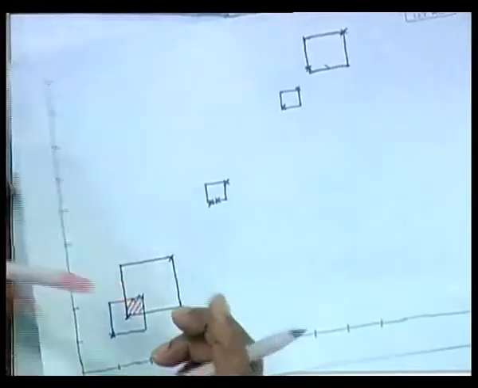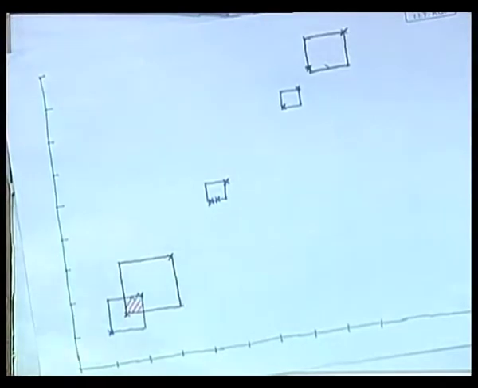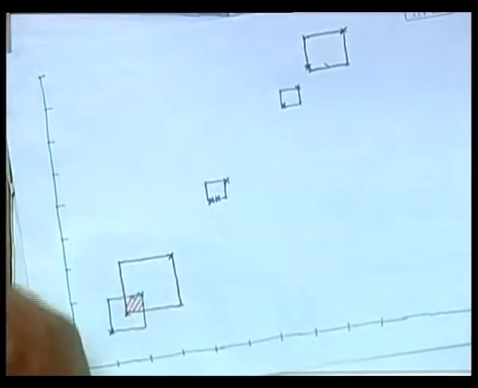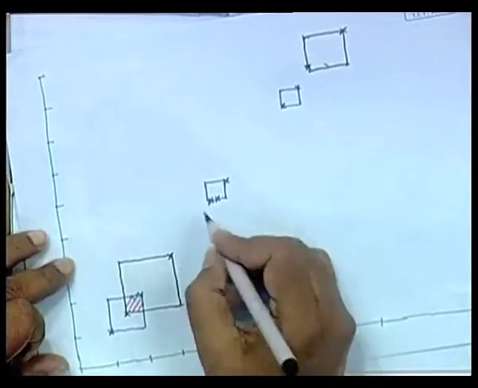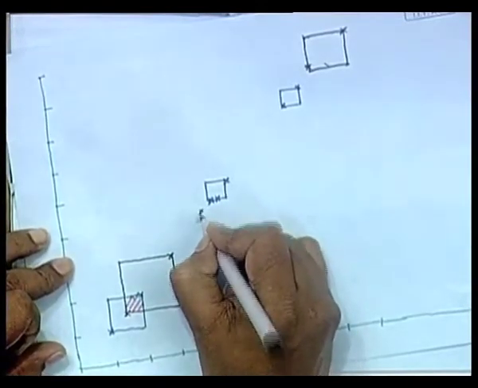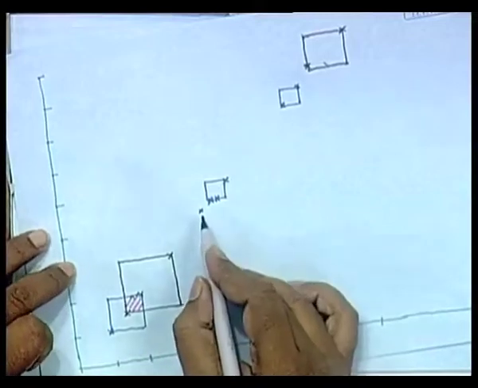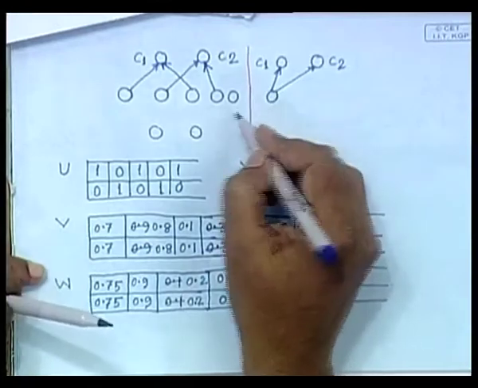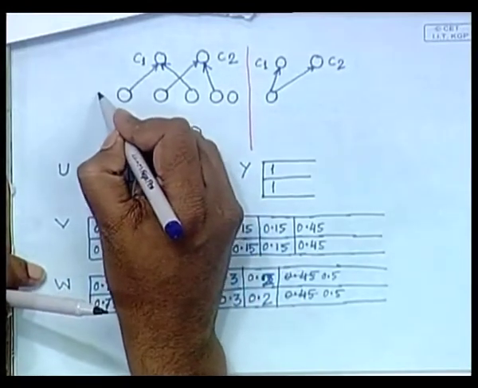Then I take the next point, which is 0.42, 0.42, that will come somewhere over here. This belongs to class C2. So, for this I have to add one more node, does not matter if I put it on this side.